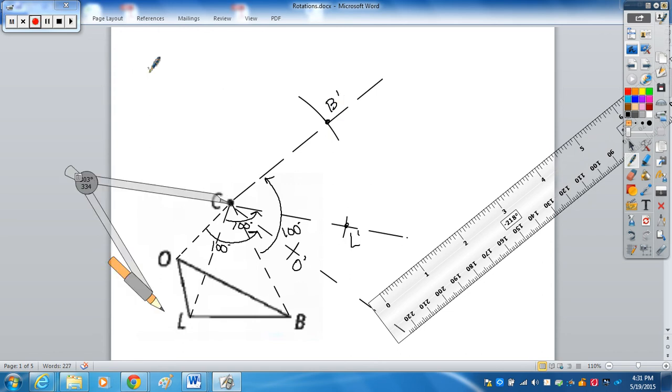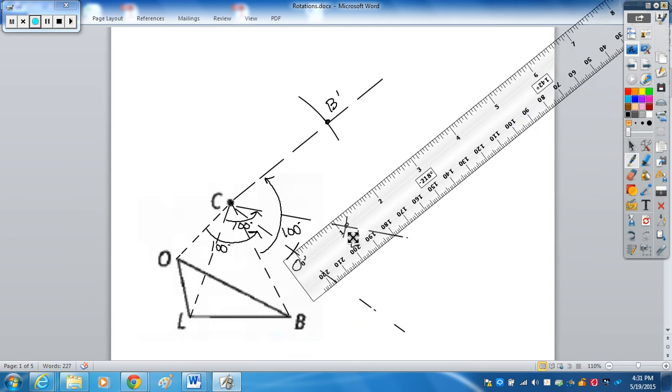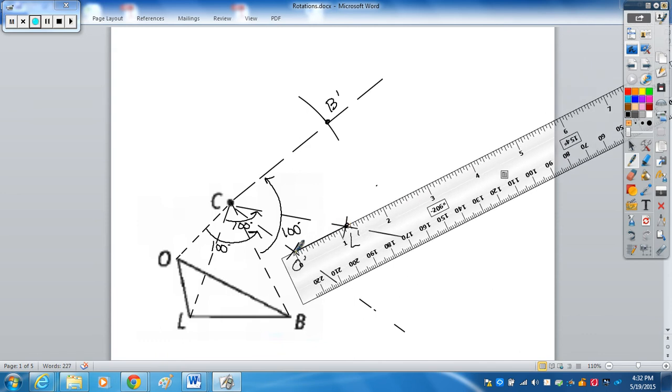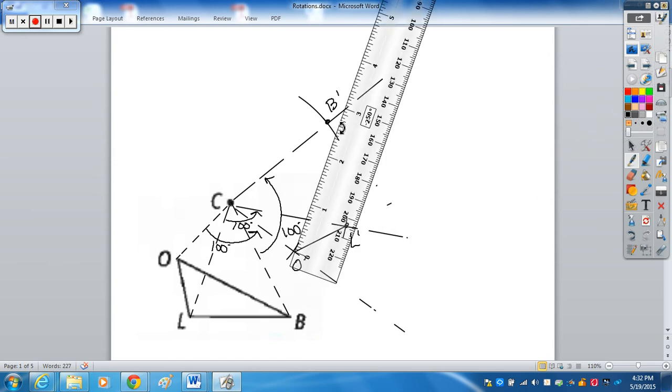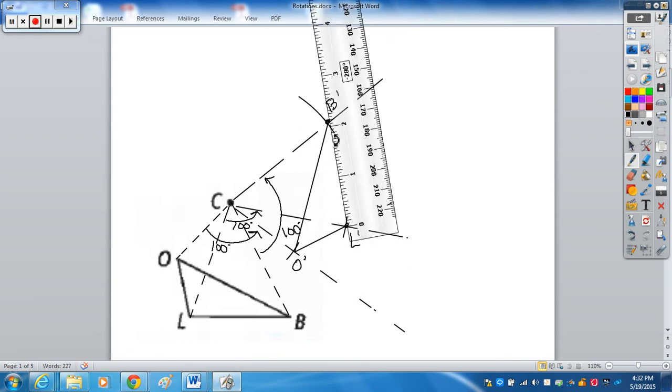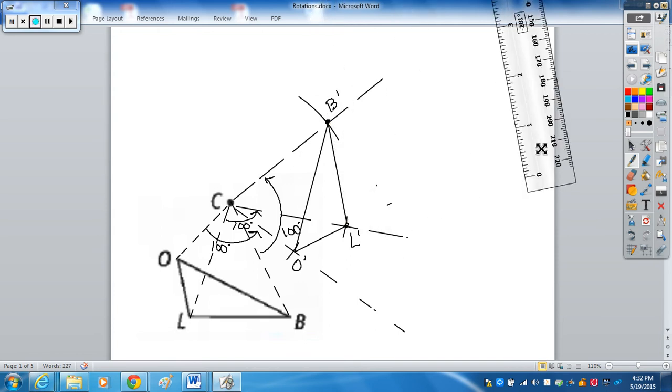Okay, so now I can get rid of that guy, my compass, and just connect all the points now. Okay, and there you go. We have these two triangles right here. They should be completely congruent to each other, and they should have a 100-degree rotation from one point to the other. All right.